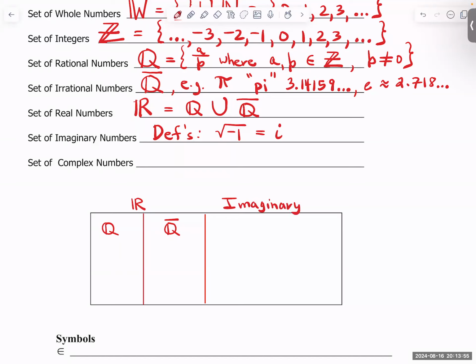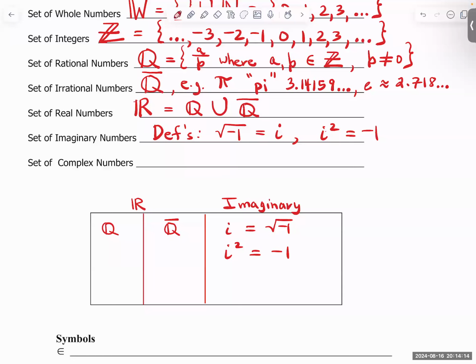And a second definition is that i squared equals -1. So again, i, the imaginary unit, is the square root of -1, and i squared is equal to -1.